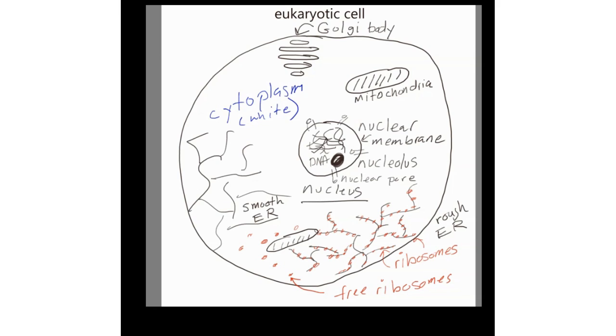We have some smaller structures then to draw in the cell. Occasionally, there's just like an empty little cave. We refer to that as a vacuole, and there can be various vacuoles. I'll maybe just show two of them here.